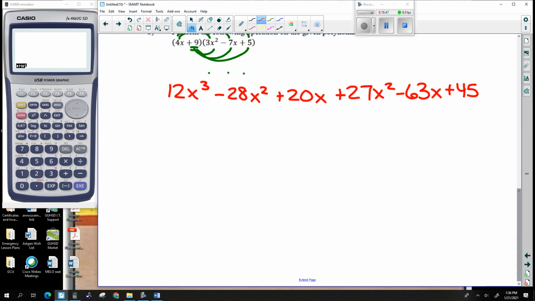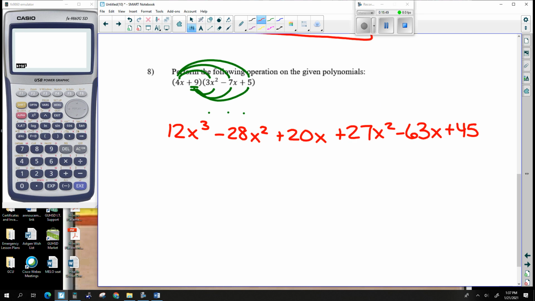So I create this big long polynomial, and then all that I have to do now is put the same things together. So x to the thirds, there's 12. X squareds are negative 28 and positive 27, so that's negative 1. X's are 20 and negative 63, so that's negative 43. Normal numbers is just that 45.